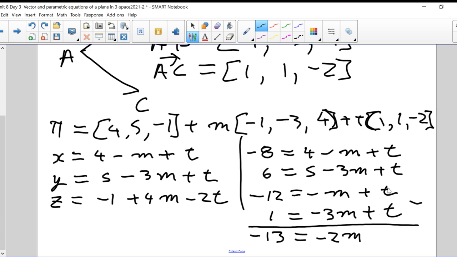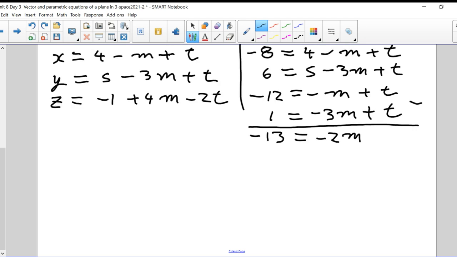Did I make a mistake here? Let's check up here first. 4 minus m plus t. That's good. So that's 6 minus 5 is 1. Minus 3m plus t. Subtract, and you get that. Okay, looks like it's good. So unfortunately, it's not a nice number to work with, but so be it. So that means that m is equal to 13 over 2.